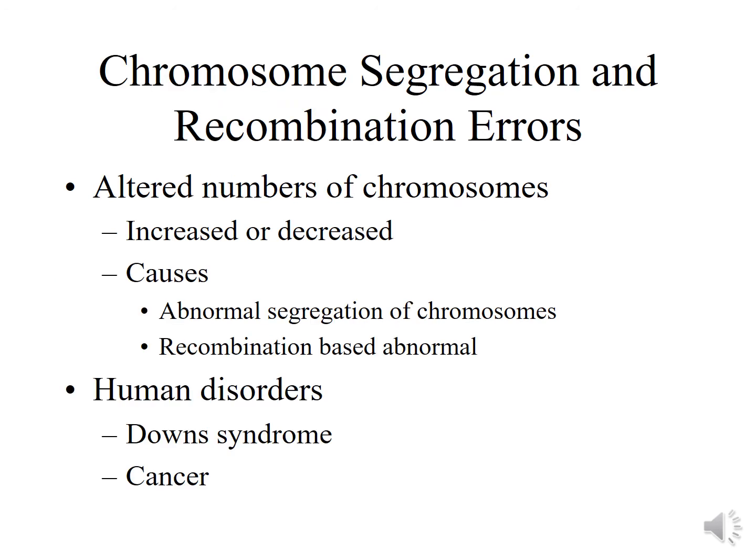Chromosome segregation and recombination errors. Errors in chromosome segregation result in abnormal gametes, embryos, and somatic cells that will have fewer or greater numbers of chromosomes than normal, and thus would have altered numbers of whole DNA molecules. Changes in chromosomal DNA copy number are not uncommon.